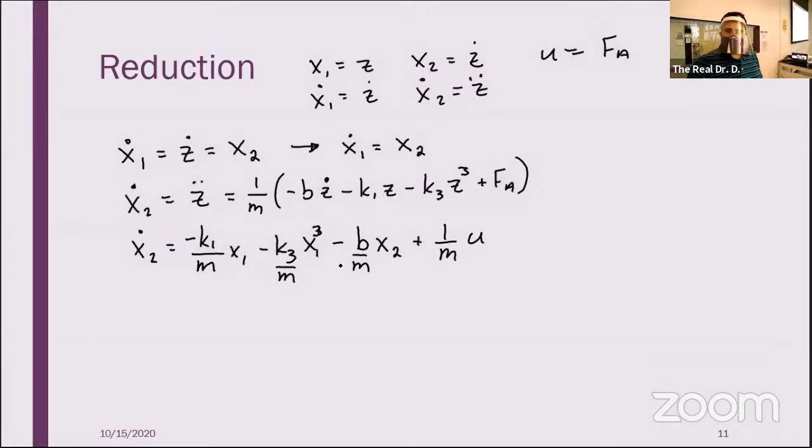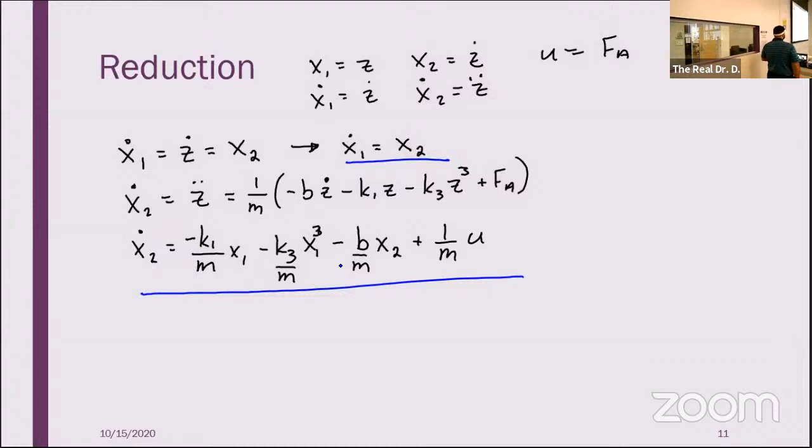And like we said at the beginning of class, we just leave it like this because you cannot put this in state space in the current format. Later today, we'll talk about how we can linearize functions, but right now, we're just going to leave it.